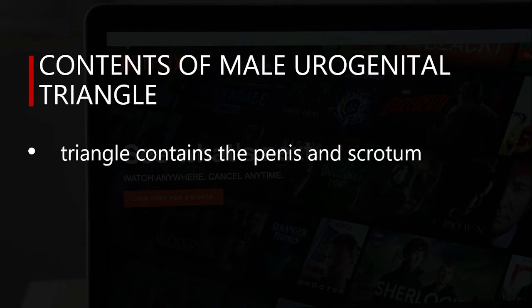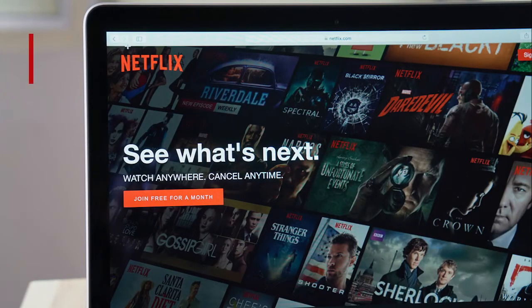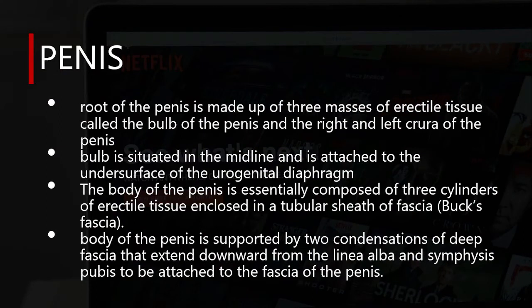The male urogenital triangle contains the penis and scrotum. The penis: the root of the penis is made up of three masses of erectile tissue, called the bulb of the penis and the right and left crura of the penis. The bulb is situated in the midline and is attached to the undersurface of the urogenital diaphragm.